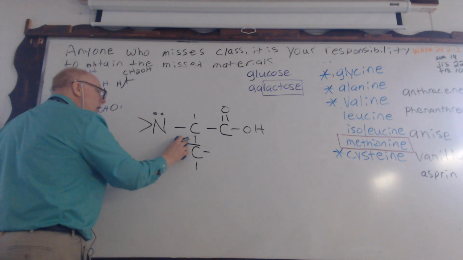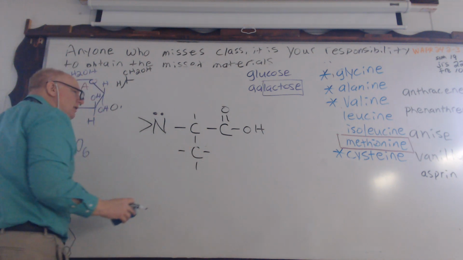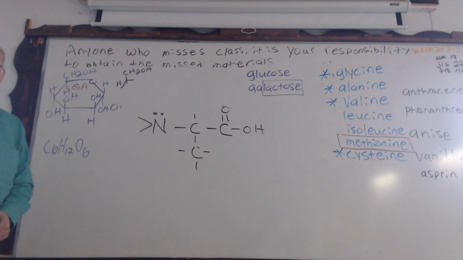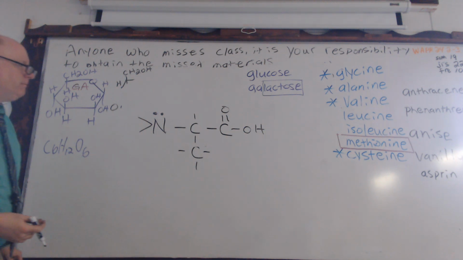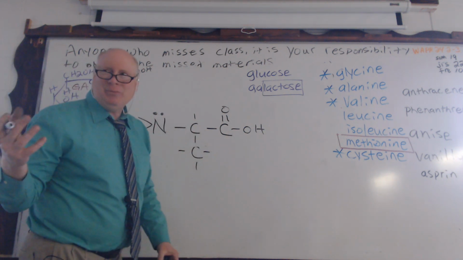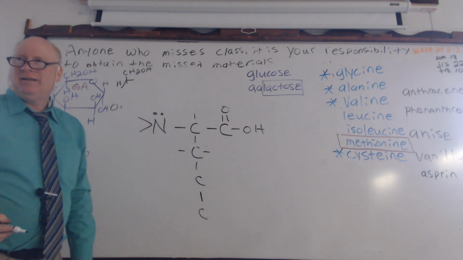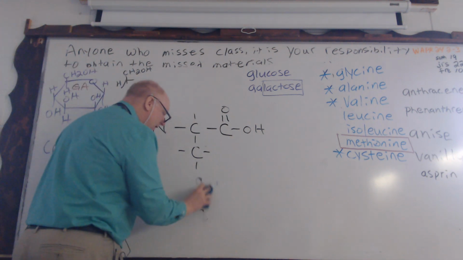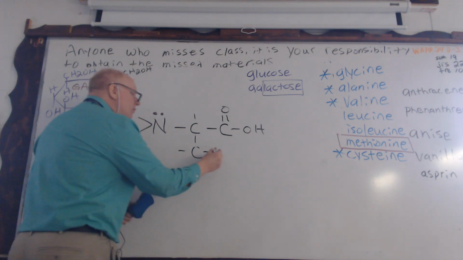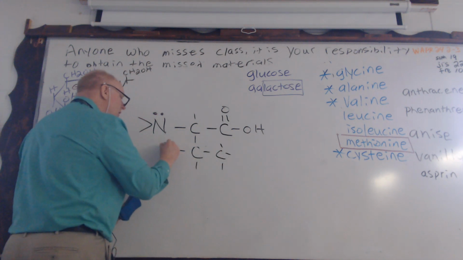Again, we still don't have to reinvent the wheel if we want to change this alanine to valine. Add 2. Okay? And I know what you mean. I could have said, what do you mean? This? No. Okay? So we would put a carbon here and a carbon here.